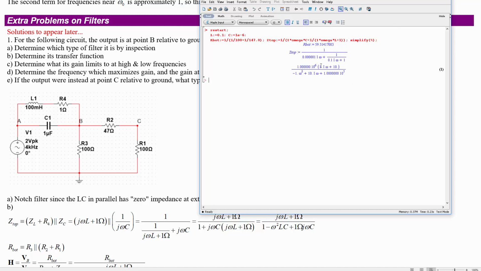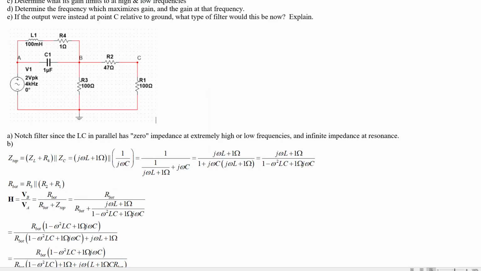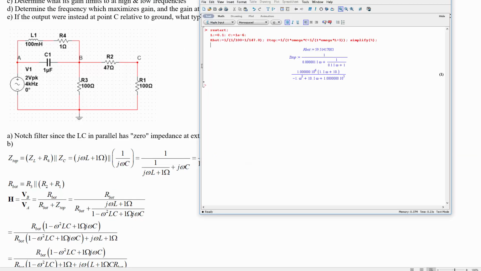Now we've got the right kind of expression where we still have that real part in the numerator, just like we found analytically. Okay, so remember that just because a computer algebra system has 16, 18 decimals of precision doesn't mean it's always right. It can only do what you tell it to do, which is the biggest disadvantage of these systems. They always do what you tell them. So it's kind of on you to tell them the right thing.